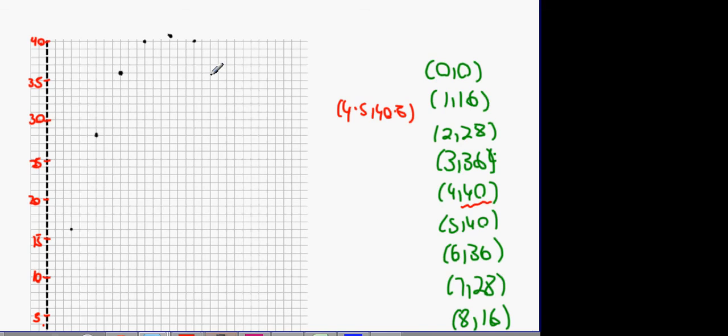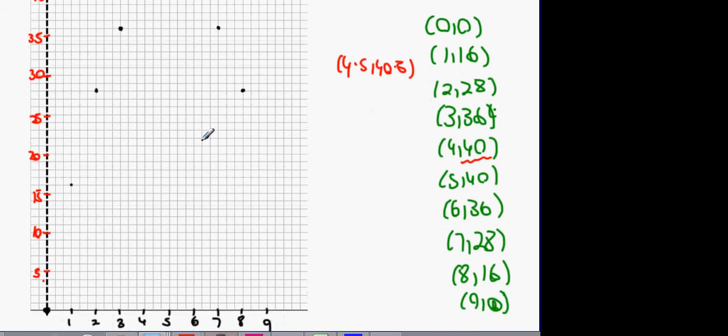Okay, then what's it then? 3 more this side here. 3 more this one here. 3 more this one here. 3 more this one here. Now we can see our graph, okay?